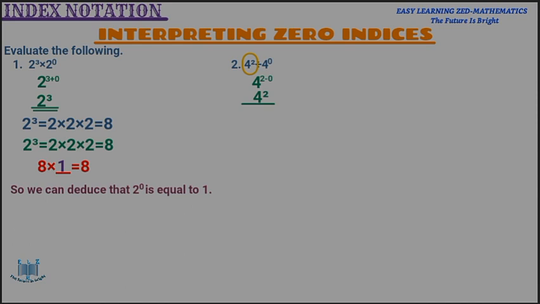Now let's try to see if the value is the same. So when we say 4 to the power of 2, it is equal to 4 times 4, which will give us the answer, which is 16. Then when we come to the quotient, which is 4 to the power of 2, we write it down here, then we expand it, it becomes 4 times 4, which is equal to 16.